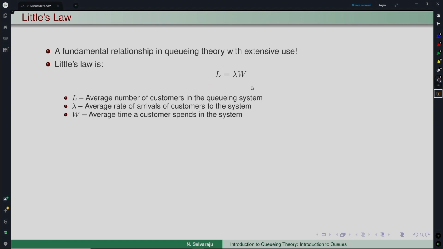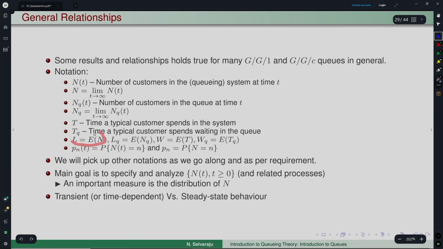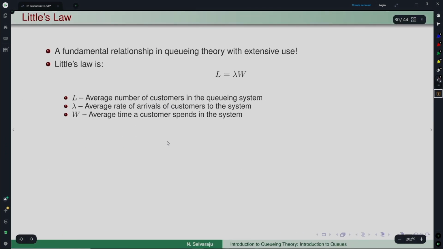We have already defined L: L is the mean number of customers in the system, W is the mean sojourn time in the system, and we have not said what lambda is so far. Lambda is the average rate of arrivals of customers to the system, that is, on average how many arrivals come per unit time. So, Little's law relates these three quantities using this simple relationship.